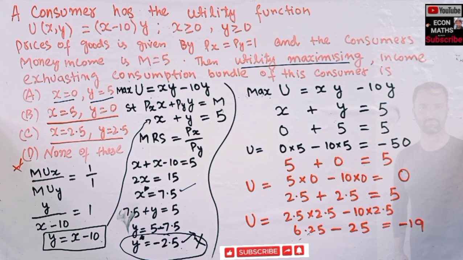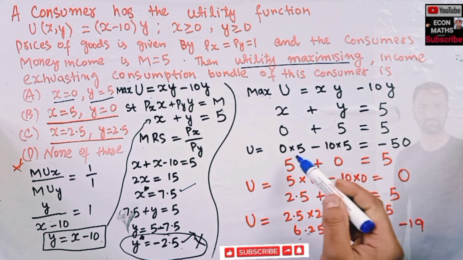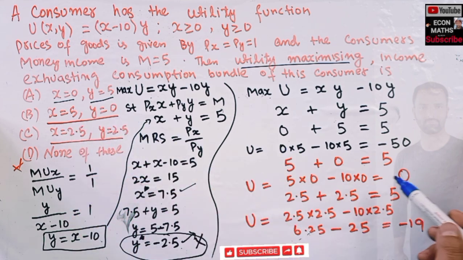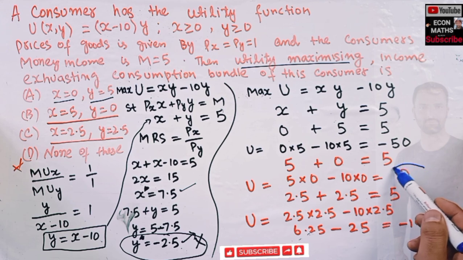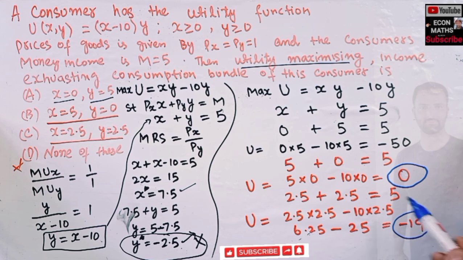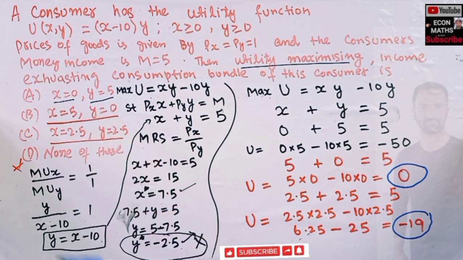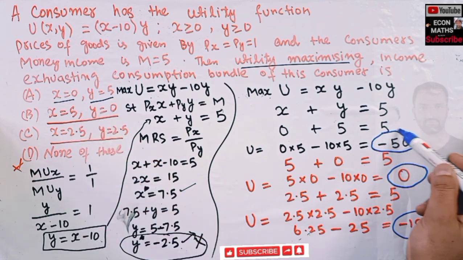Now you can easily find out that when the consumer is consuming 5 units of good x and 0 units of good y, his total utility is 0. When he is consuming 2.5 units of each good, his utility is minus 19. When he is consuming 0 units of good x and 5 units of good y, his utility is negative 50.